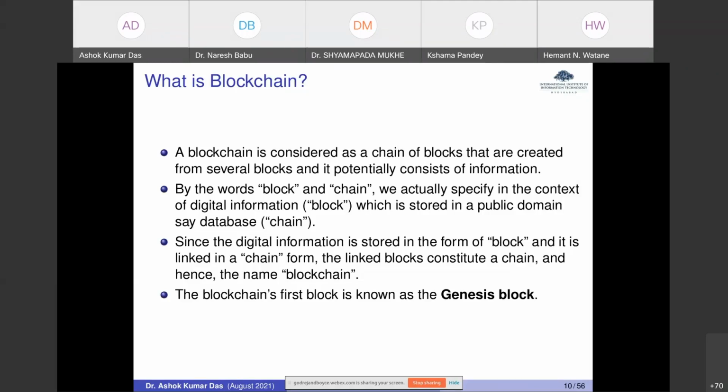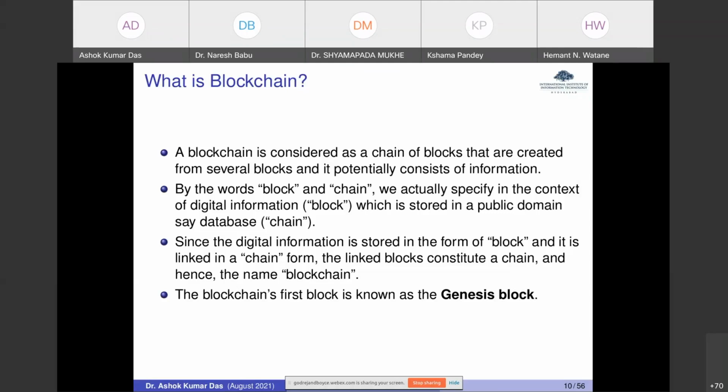But in case of the blockchain, once a block is inserted into the chain, that block cannot be modified, deleted, or even partially updated.